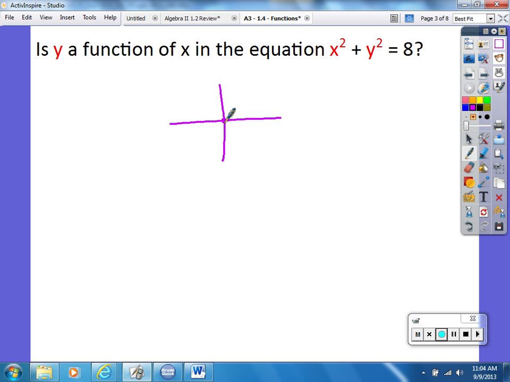The square root of 8 is approximately what number? 2 point something. How'd you come up with that, Sacco? I agree.